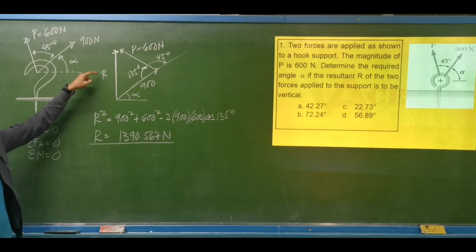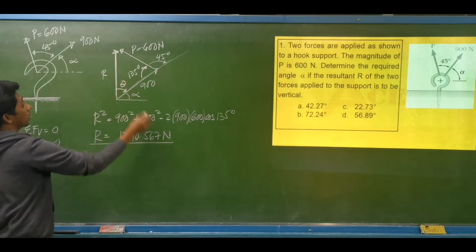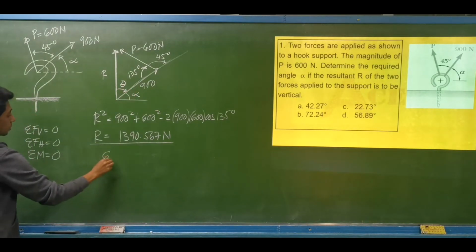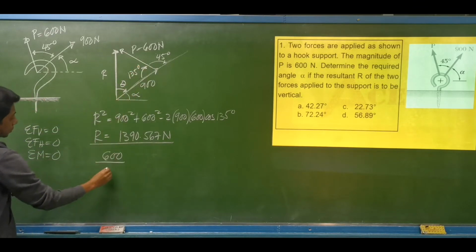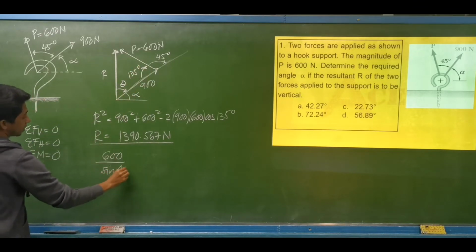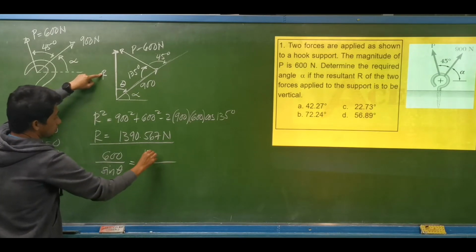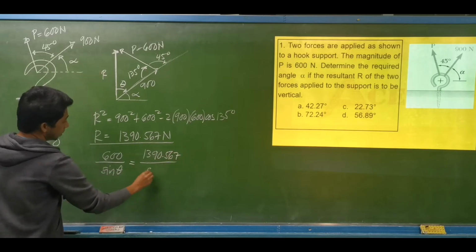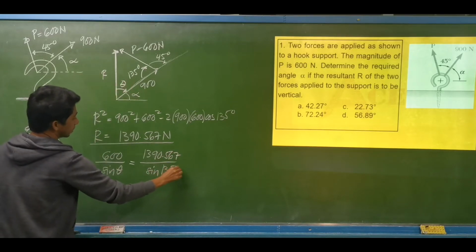So why did I compute for the resultant? So that I can compute for this angle. Let's say this is theta. So by sine law, that is the same as 600. What is the opposite angle of 600? That is the sine of angle theta equal to the resultant. We have the computed value 1390.567. Sine, the opposite is 135 degrees.